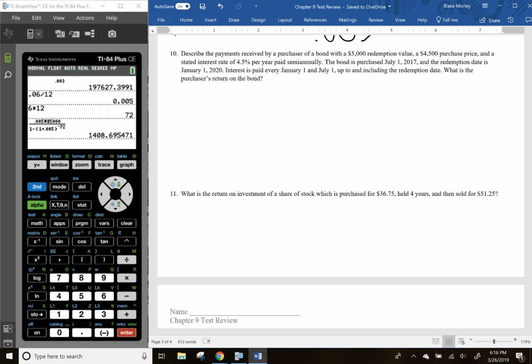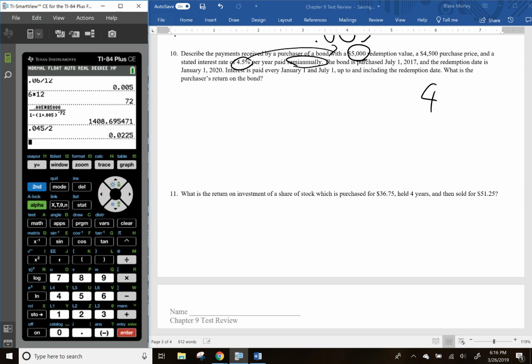All right, so here we go. Our bond is $5,000 redemption value, and we're getting paid twice a year, 4.5% of that $5,000. But of course, because it's 4.5% semi-annually, we first need to take our 4.5%, which is 0.045, and divide it by 2 since it's interest paid semi-annually. So that's my number, right? 0.0225.